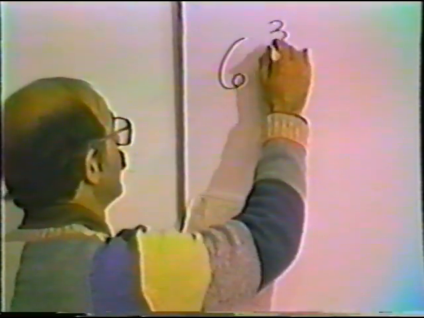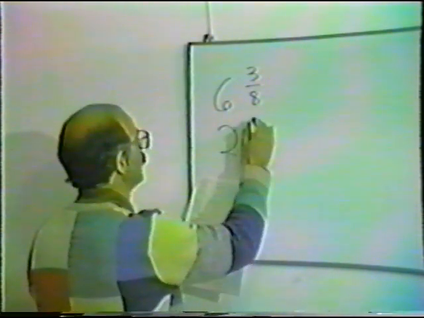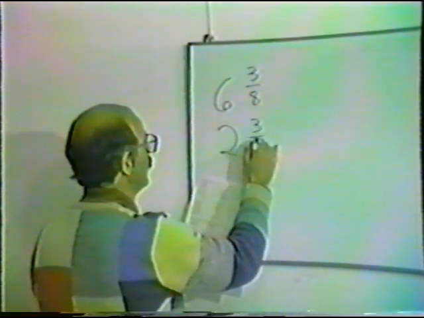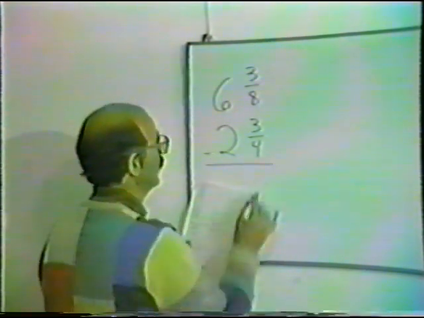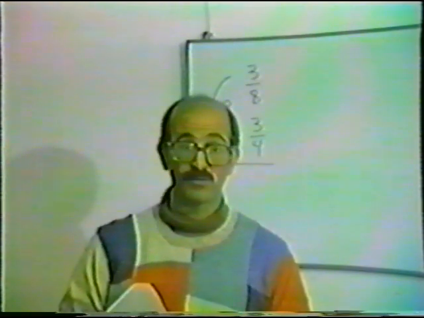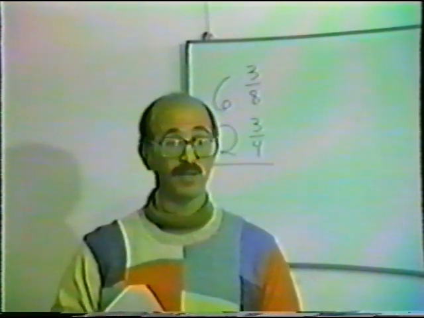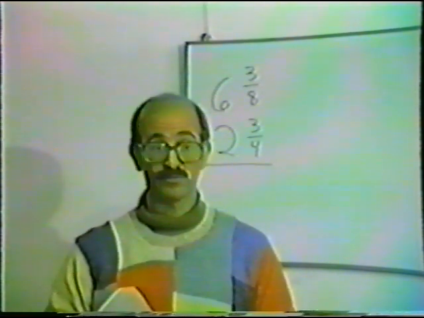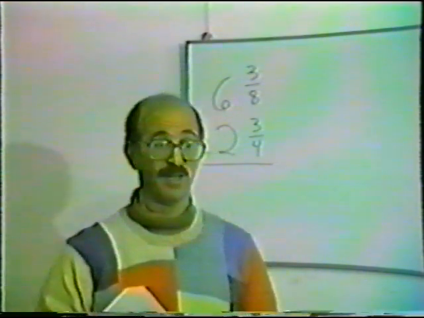Six and 3/8 take away 2 and 3/4. There's nothing in this problem that you don't already know how to do, but it does make you use everything you know about subtracting fractions.